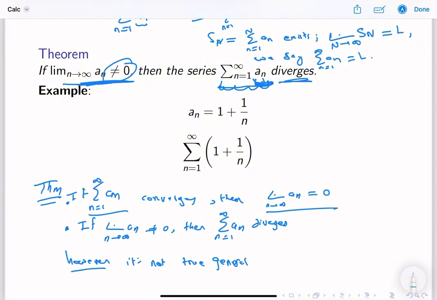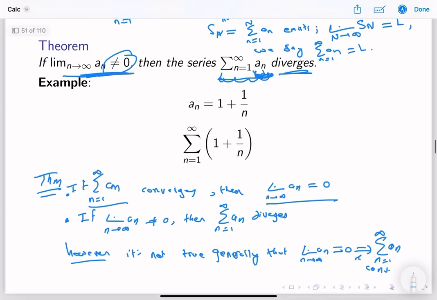However, it's not true generally. In general, it's not true that the limit of a_n as n tends to infinity equal to 0 implies the sum from n equals 1 to infinity is convergent. So this if-then statement is not true in general. You can't tell me I have a series, it's convergent because the limit of its summand is 0.